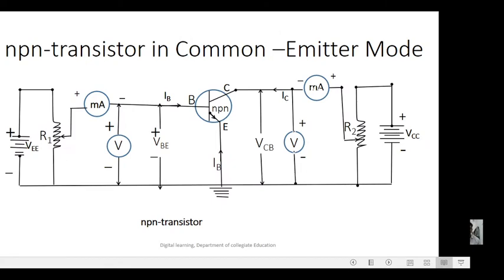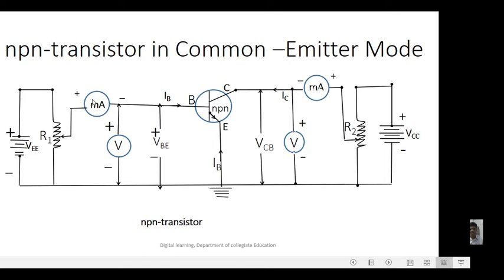So here is the complete circuit diagram of the NPN transistor in common emitter mode. Here VEE represents the battery which supplies voltage or current to the circuit, and on the right side, VCC is the battery which supplies the current or voltage to the transistor circuit.